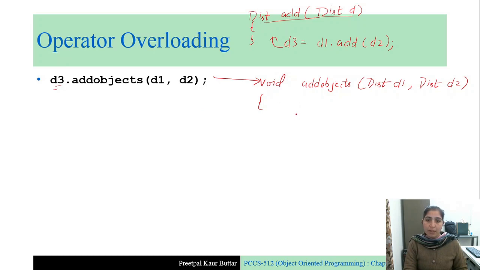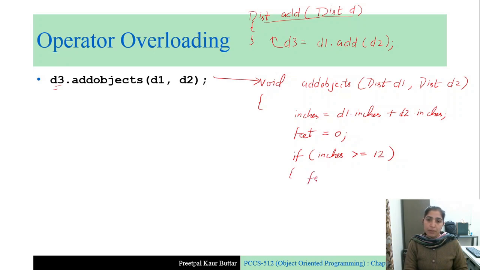So here what will happen, inches is equal to d1.inches plus d2.inches, and feet is initially 0, and if inches is greater than or equal to 12, then feet plus plus, inches minus equal to 12, and then feet is equal to d1.feet plus d2.feet, right?